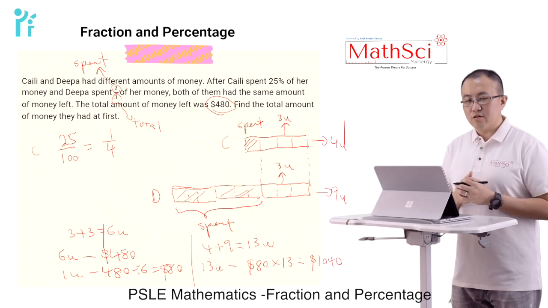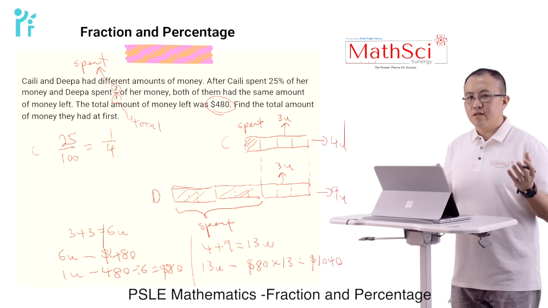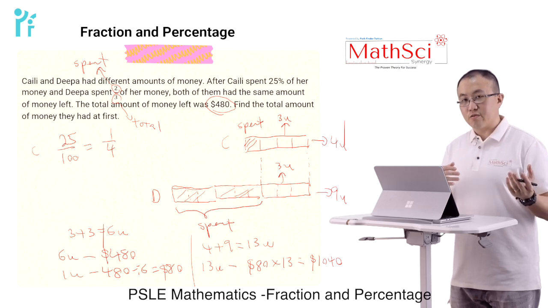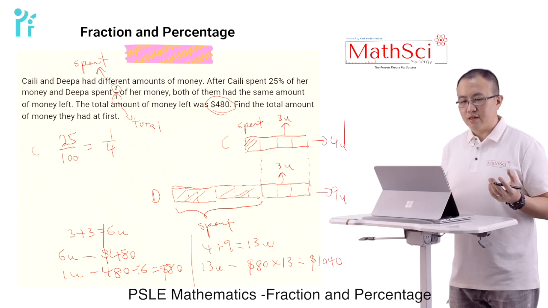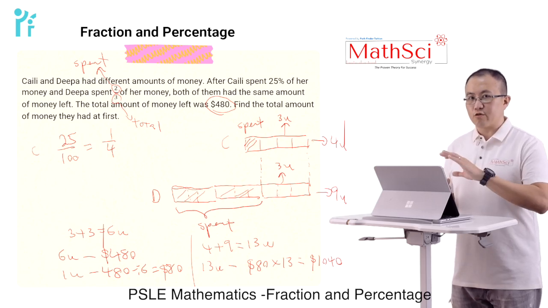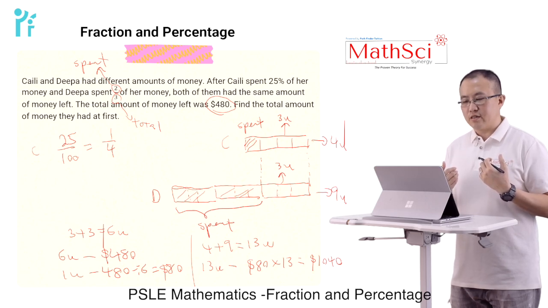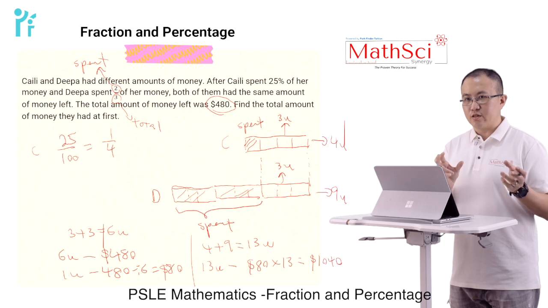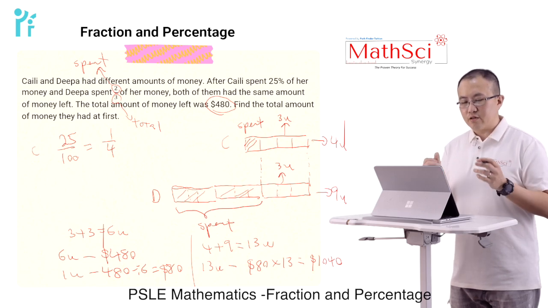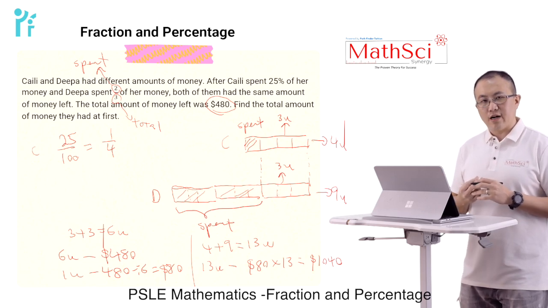So I hope you have a good understanding of what this particular question is about and how to solve it. Most of the time, when working with very different quantities, like percentages with fractions or even decimals, the best way is to change them to the same thing, or to fractions. My preference is fractions, because fractions can help me work out the quantity, the units they have, and then we can use units and model diagrams to find out the actual quantity.